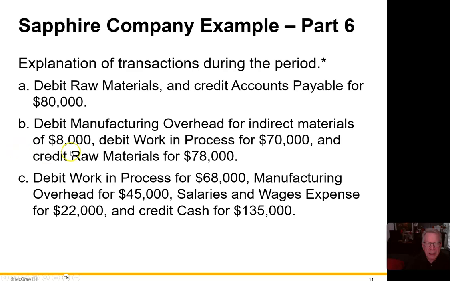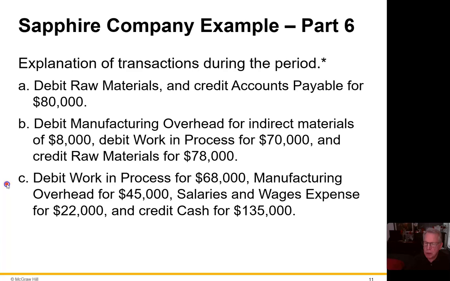We're going to bring that into the actual side, a debit, and we're going to debit work in process for that which we transferred to jobs. And the credit then would be to raw materials inventory for $78,000, which we reduced our raw materials inventory and increased our work in process inventory for that reduction from raw materials inventory.